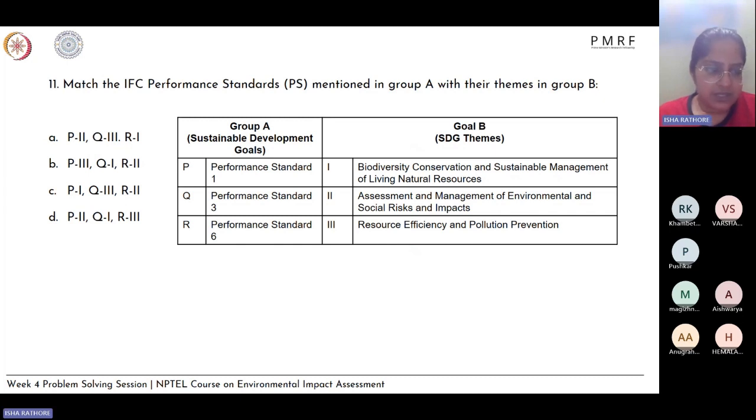The International Finance Corporation has these performance standards, which are referred to as performance standard 1 to I think 6 or 7. These were discussed in the lecture units for different environmental parameters.